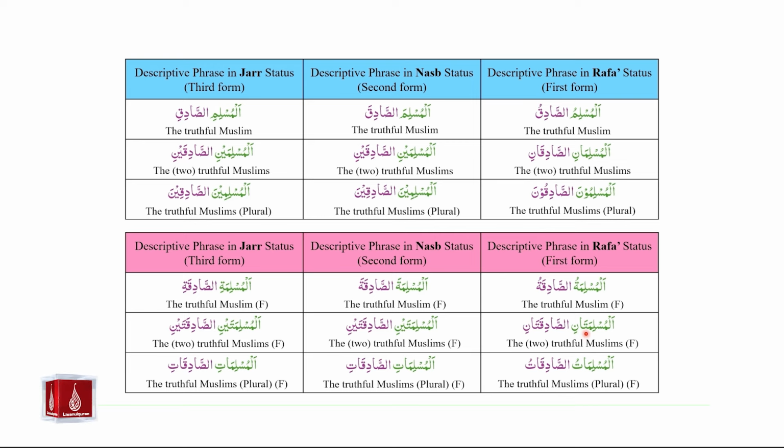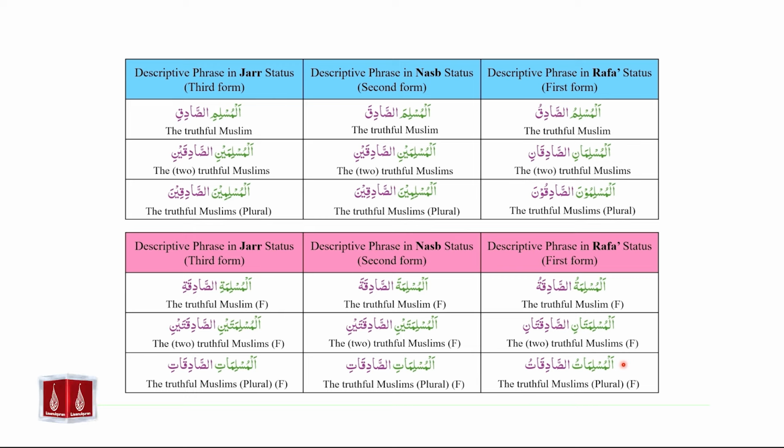Here, again, we will focus on the ani and aini ending sounds to differentiate between Rafa and nasab jar status. Al-muslimatani sadiqatani means the two truthful Muslims, referring to the feminine gender.